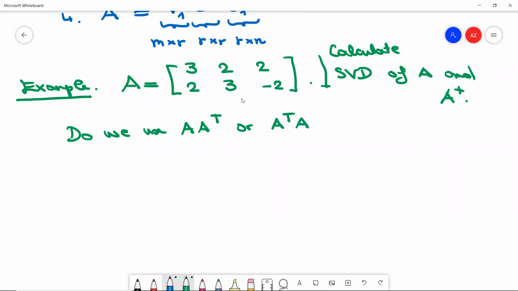A A transpose. Yes, this will be easier because it has dimension 2 by 2. A A transpose is 2 times 2, but A transpose A is 3 times 3.